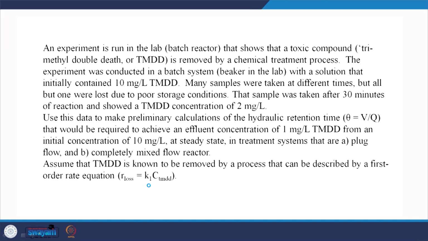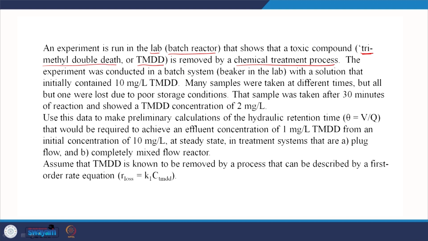So, here we have an example that I guess will bring in various aspects together. So, an experiment is run in the lab, and in the lab we typically conduct batch experiments, right, and that shows that a toxic compound which we are referring to as trimethyl double death, or TMDD, is removed or degraded by a chemical treatment process.